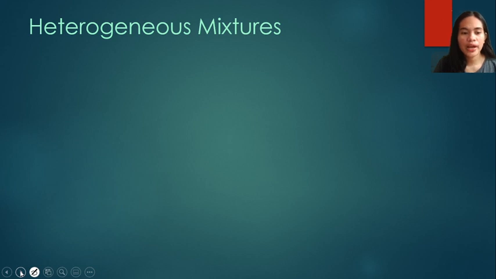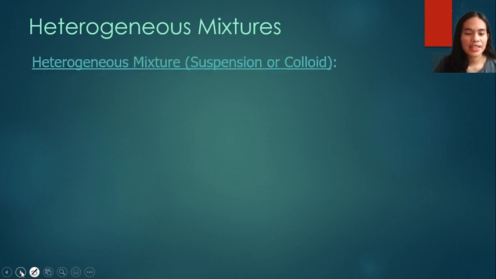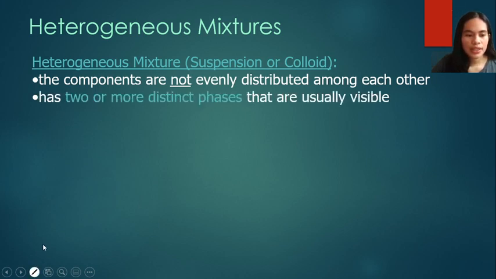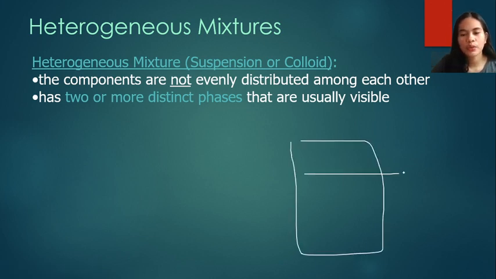Alright? We also have here heterogeneous mixture. When we say heterogeneous mixture, that is either a suspension or a colloid. The components are not evenly distributed among each other. Ibig sabihin, kapag not evenly distributed, ganito siya. Okay, let's draw. Let's say you have here a glass of water, and then this is the sand.